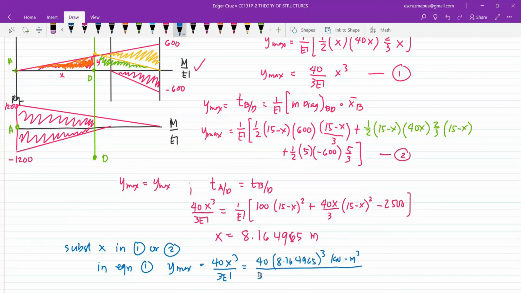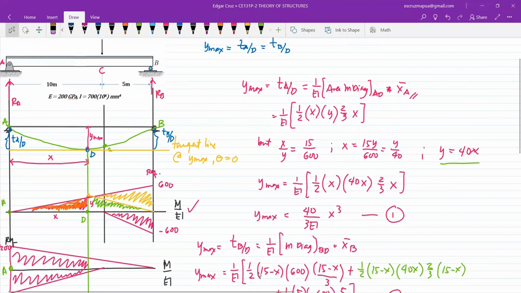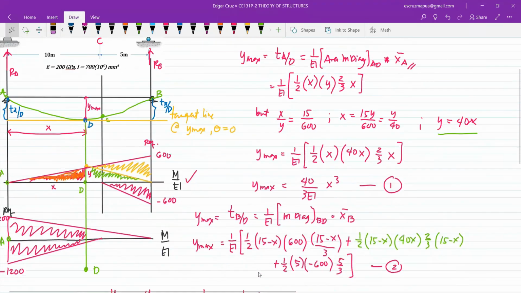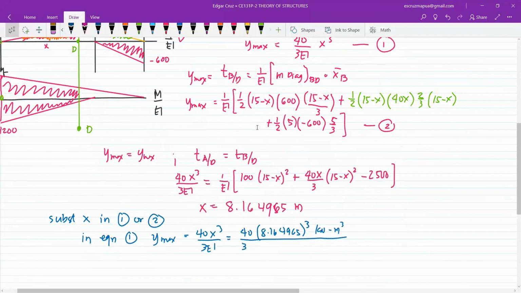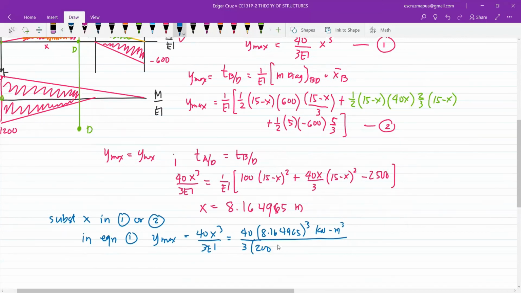What is E, the elasticity given in the problem? 200 GPa, which is 200 kilonewton per mm squared. Kilonewton per mm squared is gigapascal.